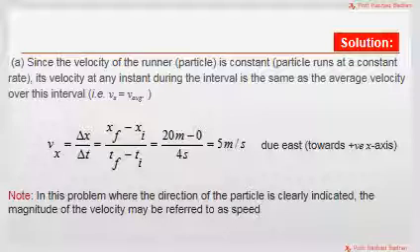We just substitute the total distance, which is 20, divided by the elapsed time, and we get 5 meters per second. And obviously the direction of the particle is clearly indicated in the figure, where it moves due east.